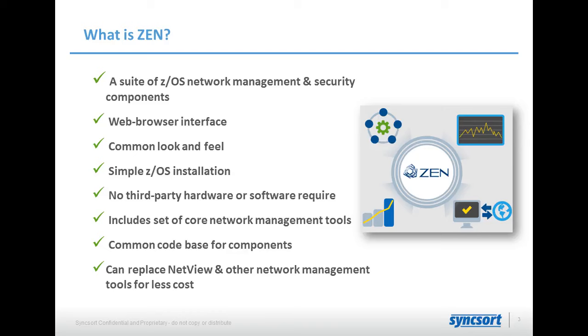It also includes a bunch of network management tools, things like ping, traceroute and so on, as part of the base component itself, and there's common code within the base that supplies the information for a number of the components. It can replace things like NetView and other network management tools for less cost, but that's a sales pitch.